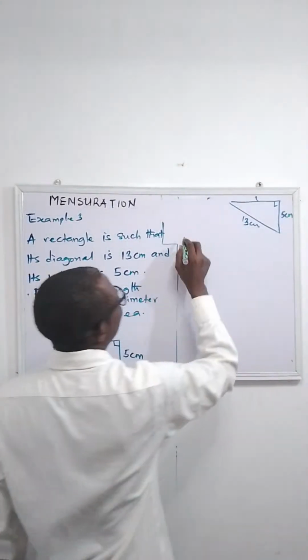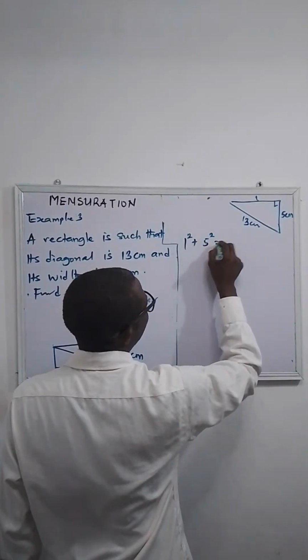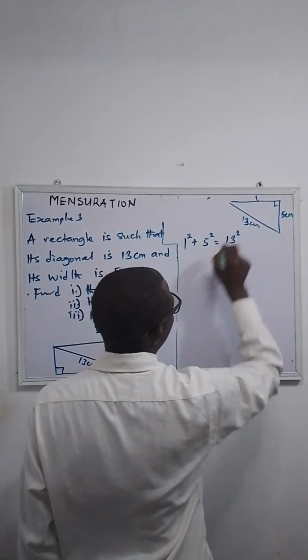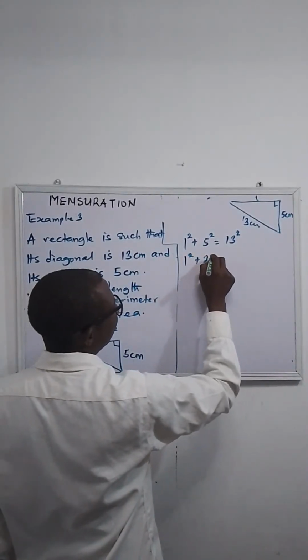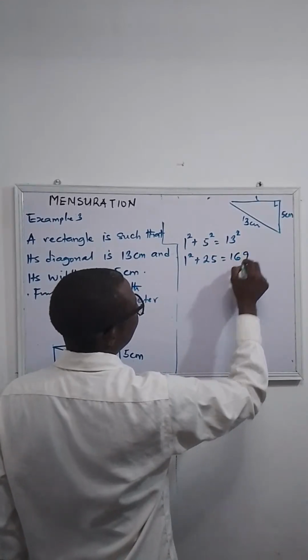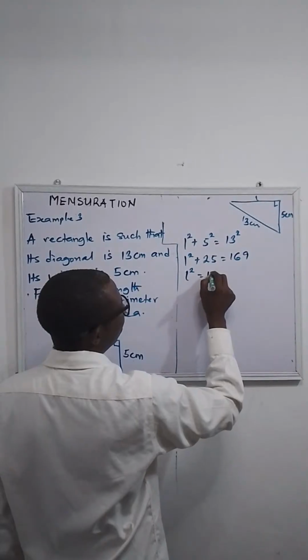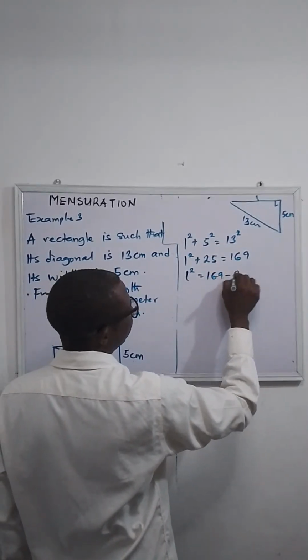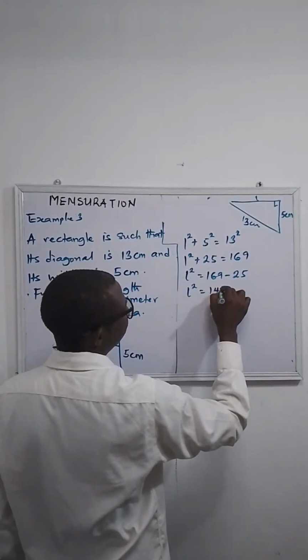So we have L square plus 5 square equals 13 square. So L square plus 25 equals 169. So L square equals 169 minus 25. L square is 144.